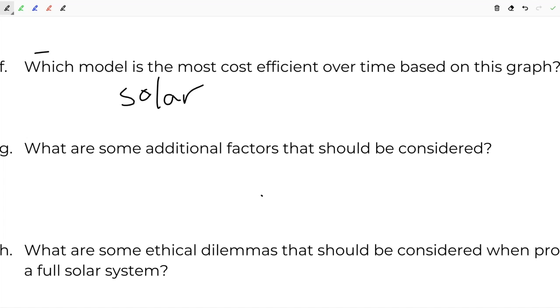So if you had a system that initially covered all of your energy needs, you may eventually need to start paying for some of your energy from the grid because your system becomes less efficient. On the other hand, many people have solar installations put in that cover more than their needs and are actually paid back by the energy company over time. So there are multiple factors in here that are a little bit more complex than just our simple graph.